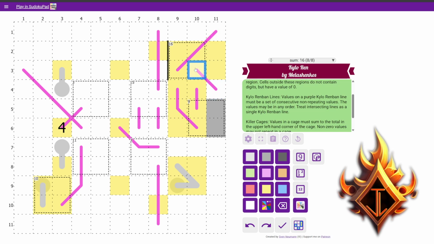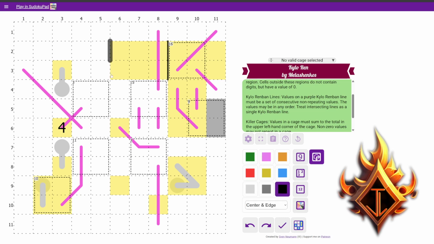So either that is 1 or there's a 1, 2 there, which is also fine. But I know that this one is part of this one, so I can fill those in. I can draw another sidewall there.